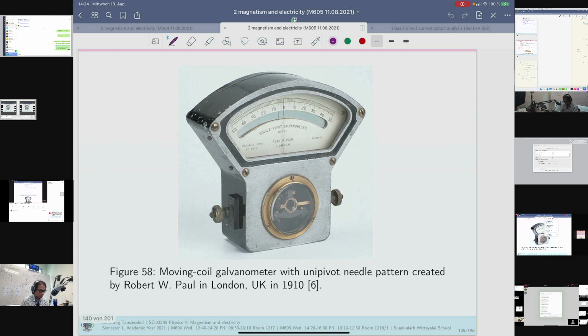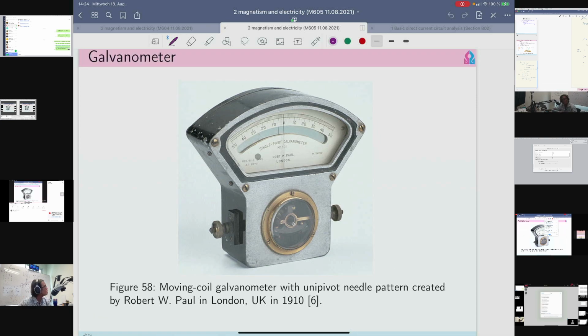This is the actual figure of the galvanometer, the first generation. That's the ancient one from 1910, and it's left in the museum.